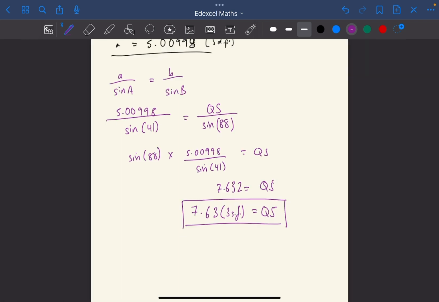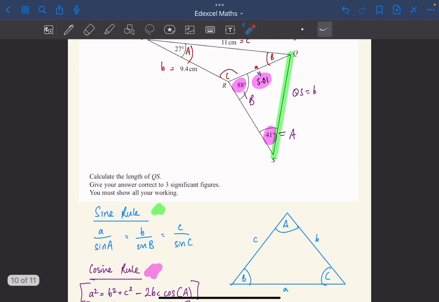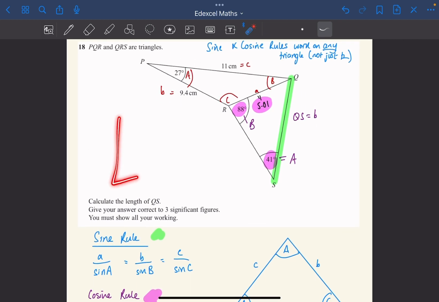Okay, guys, just recapping what we've done here. It says PQR QRS triangles, calculate the length of QS, give your answers correct to 3 significant figures, show all working. So we've identified we need to use the sine or cosine rule simply because there are no right angle triangles in this diagram.